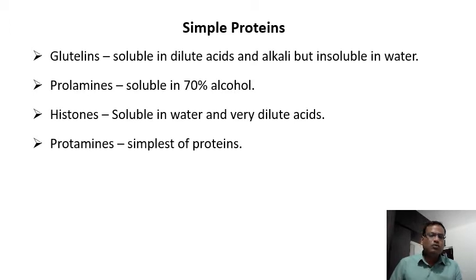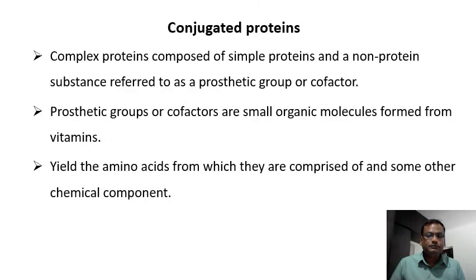So, glutenins are found in some plant products, and histones are part of the DNA and RNA. I mean, they are part of the chromosome. Okay. So, like this, there are many proteins which are simple, made up of only amino acids.